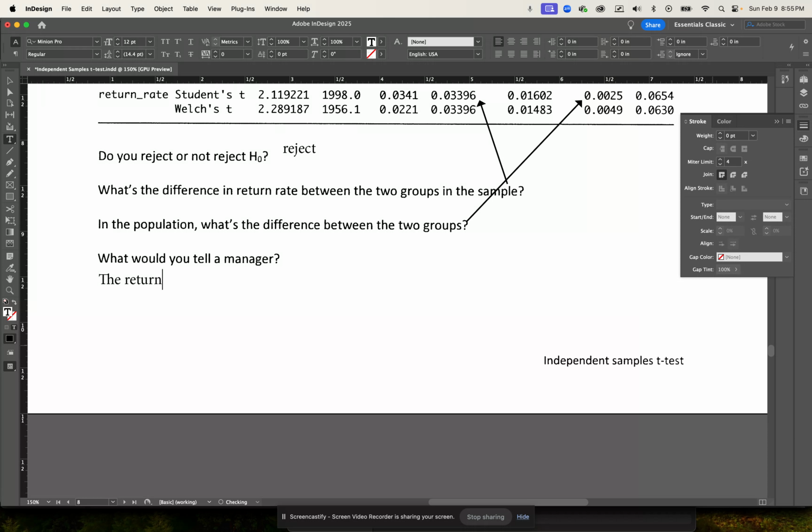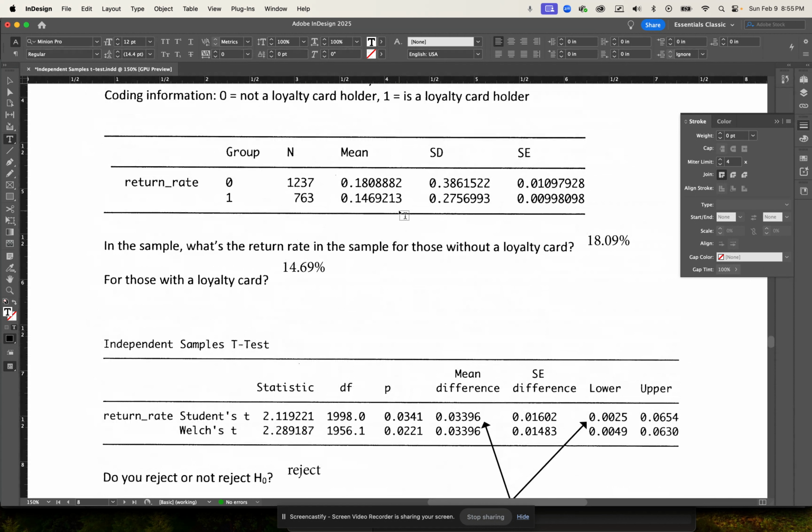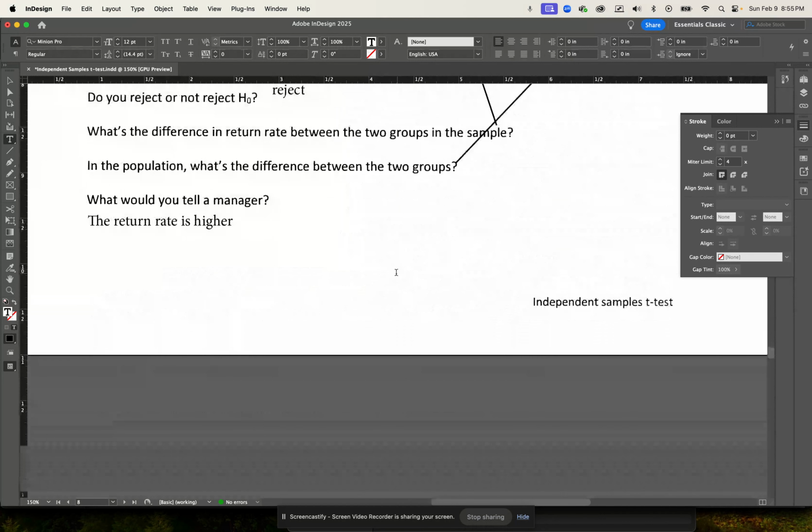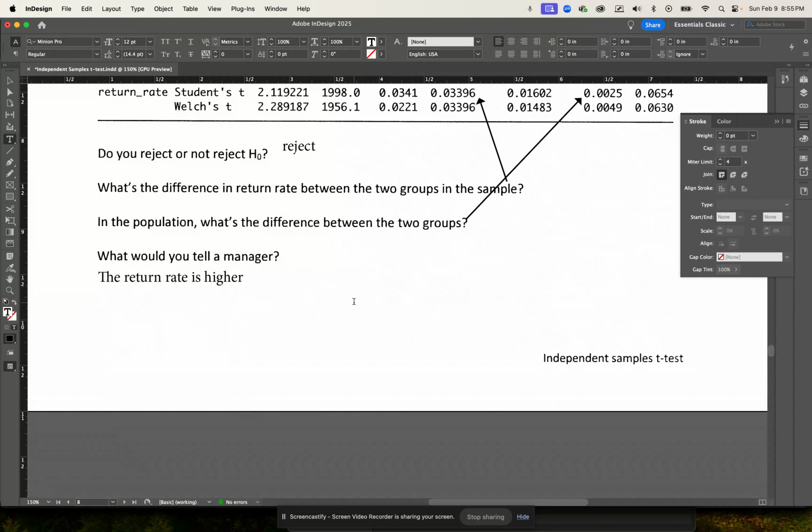The return rate is higher. So remember, when we reject the null hypothesis when comparing means, we always go back to the means. And in this case, we saw that group 0 has a higher rate of return, right? So that's what we're going to communicate. The return rate is higher for non-card holders.